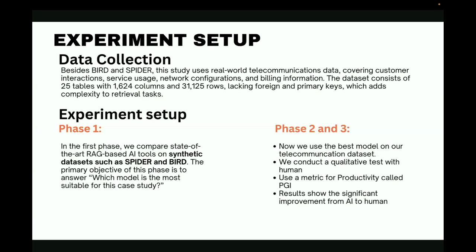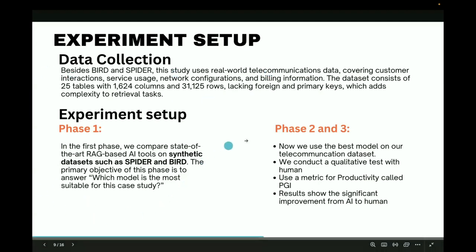Then we collect our own data from the company Telstra to see if there is any difference in performance between synthetic and real-world datasets. The Telstra dataset is more complicated, with 25 tables, 1,600 columns and 30,000 entries. Remember, they are not well annotated, which means you have to identify your own foreign keys and primary keys, and this is very complex for any retrieval task.